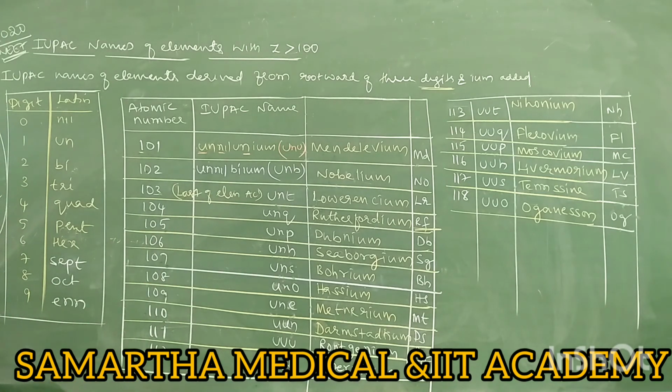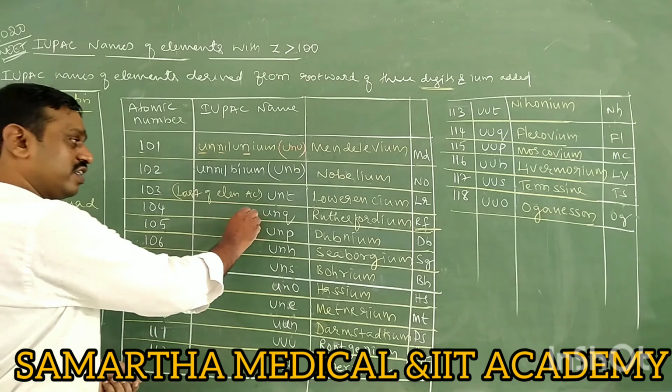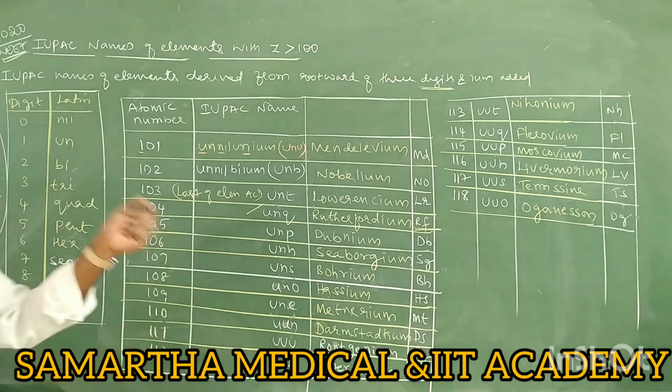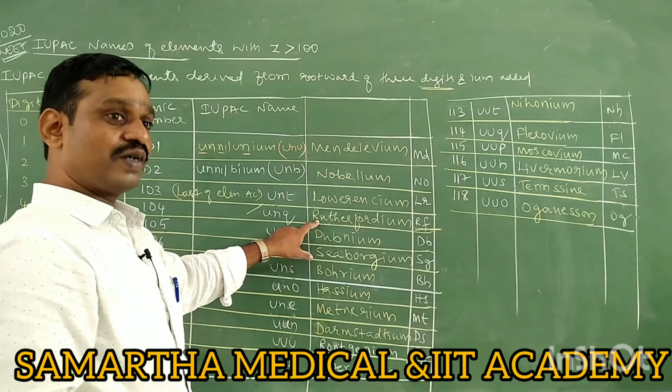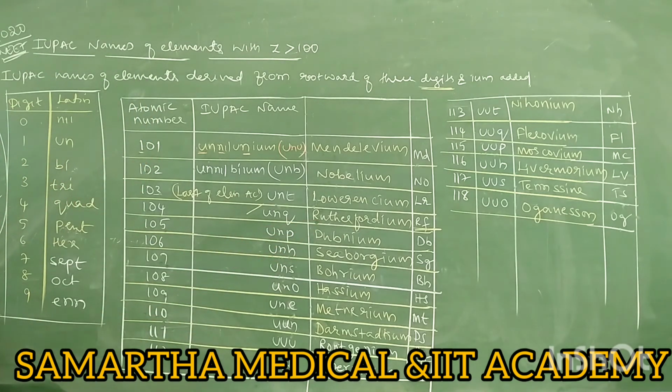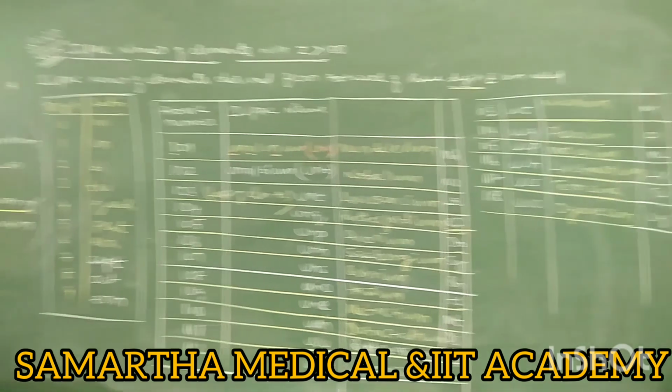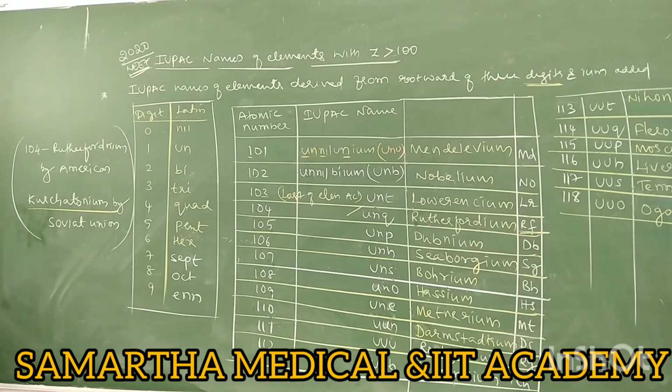The problem was giving the name. America gave Rutherfordium, but the Soviet Union also gave a name, Kurchatovium. We used to study only Rutherfordium. Just remember it for knowledge. Okay. Next.